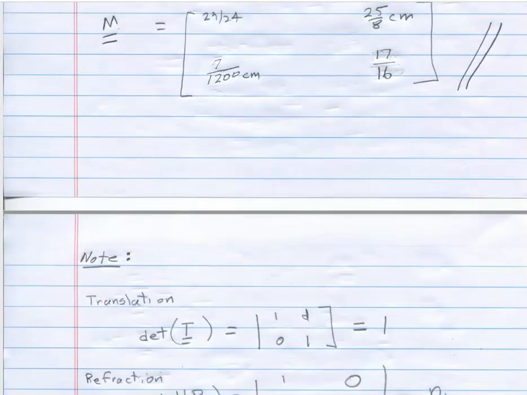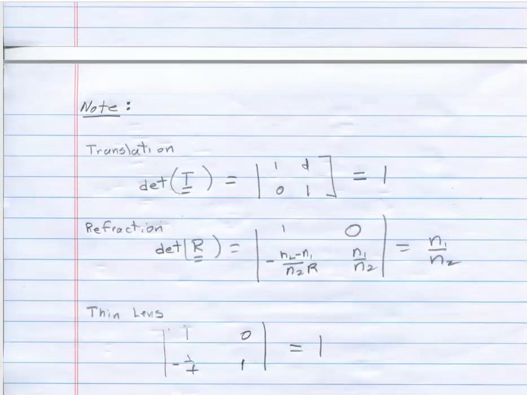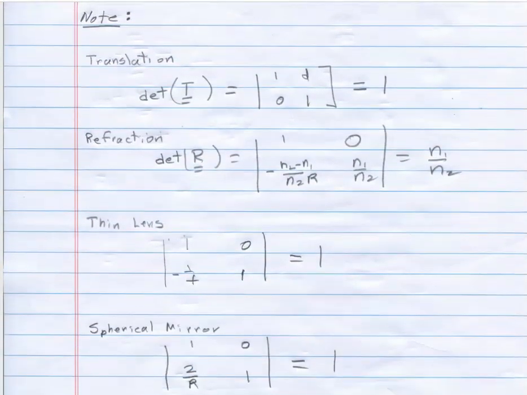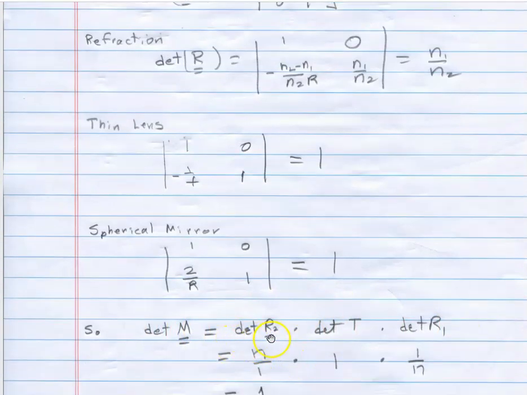Another thing to note is that if I take all of those translation matrices, they all are the index of refraction I started in divided by the index of refraction I ended in. And that holds in general. If I have a product of matrices, so M is the product of R1 times T times R2, the determinant of a product is you just take the determinant of each one of the individual matrices and multiply them out.